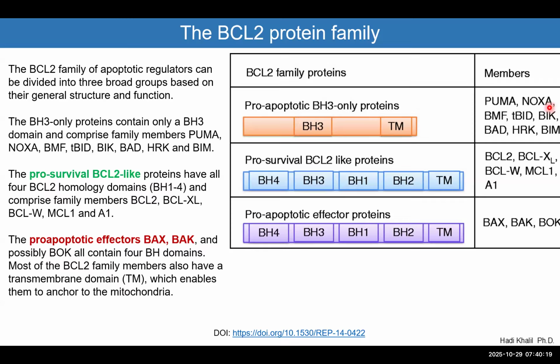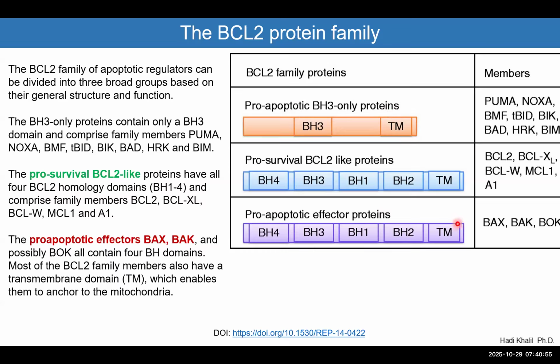Yes, these are the very well known, but we don't want to underestimate any of these others, like BAD, BID, and truncated BID. So the BH3 family proteins of BCL2 all have a common domain, that's the BH3. But in terms of function, you can divide them into 2 groups, the pro-apoptotic effector proteins and the pro-apoptotic BH3-only proteins, because they don't have all these other domains.